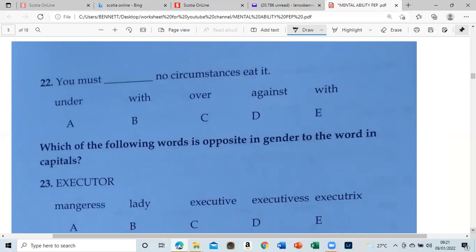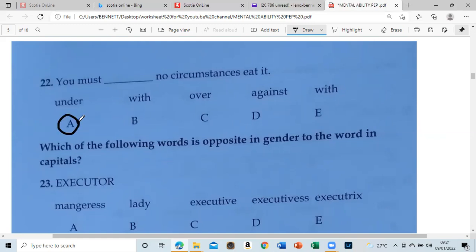Or is it D, you must against no circumstances eat it? Or is it E, you must with no circumstances eat it? And that would be A, you must under no circumstances eat it. All right, and you hear it right. So 22 is A.